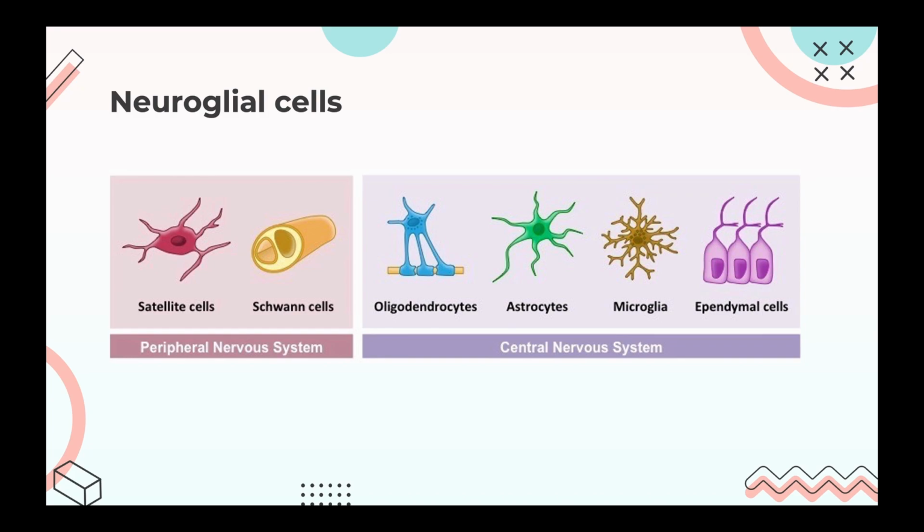So in the peripheral nervous system, we have the satellite cells, and the satellite cells help with the structure of the brain, and also it is thought that it also has some function in nutrients of the peripheral nervous system.